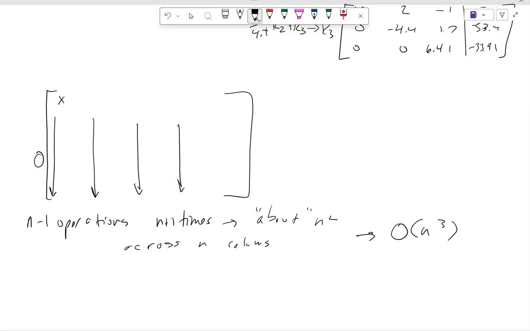Those you can actually do in O of the band width, which is nice. You don't have as many operations to do. We will talk about a particular type of system to solve next time that actually pops up in splines, so we'll talk about how you can do that a little bit more quickly.